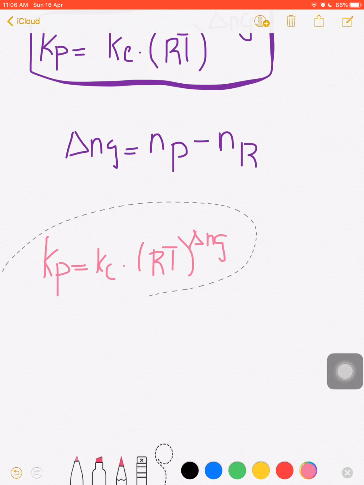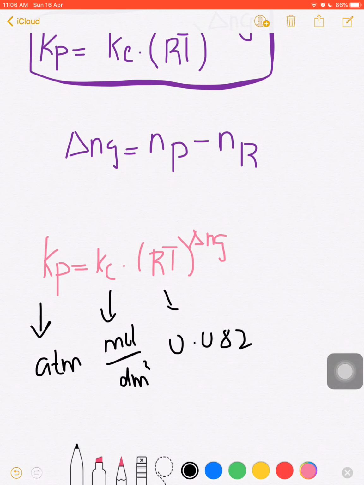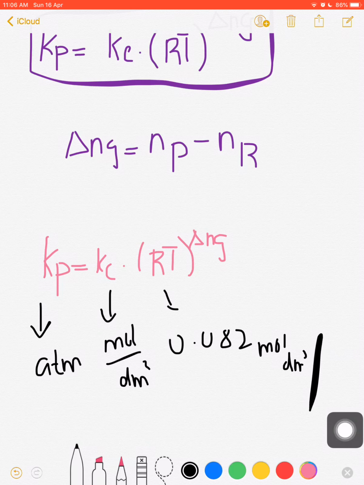This Kp is basically taken in terms of atm, Kc in terms of mole per dm cube, and the value of R is taken as 0.082 dm cube atm upon mole Kelvin, right?